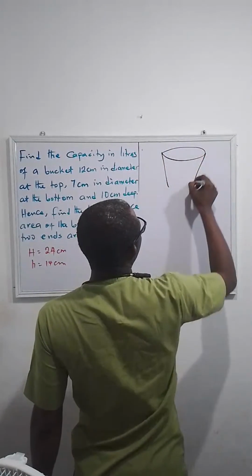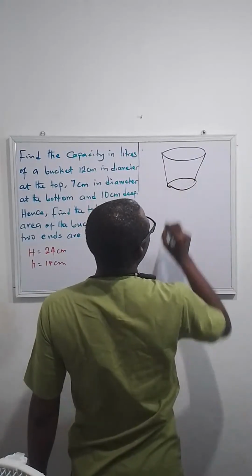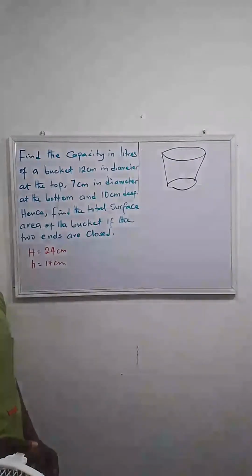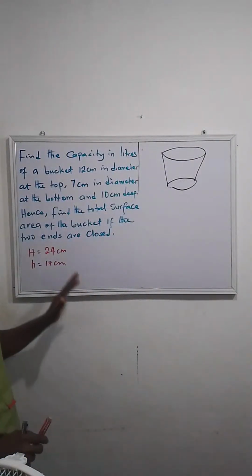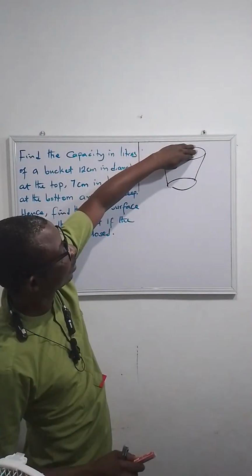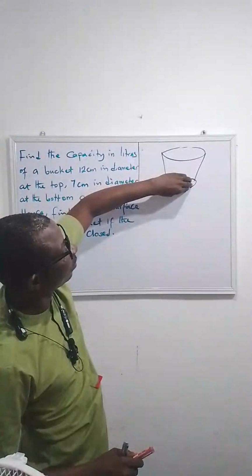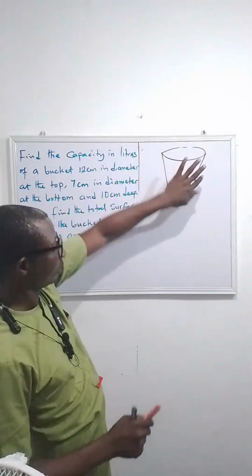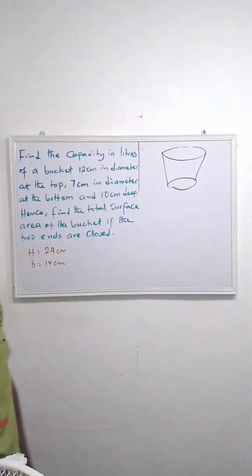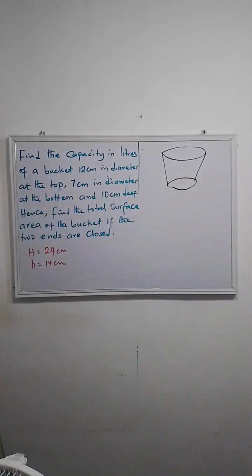And if you are calculating the total surface area while the two ends are closed, that means you are going to find the area of the upper part, area of the lower part, and the area of the curved surface. And so that's what we're going to do now.